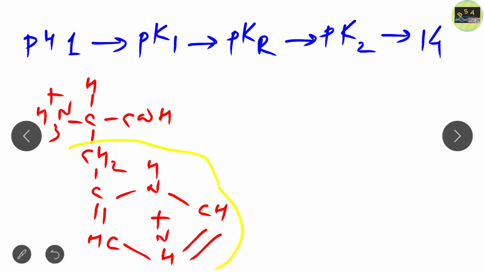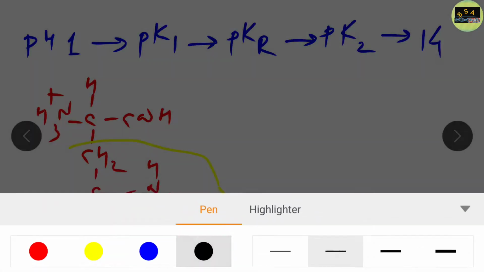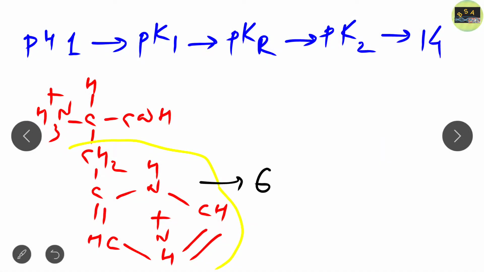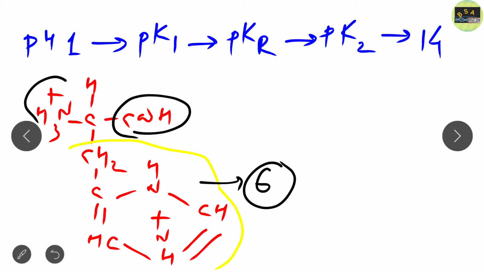This is the side chain of histidine, and its pKr value is 6. Clear? And this is the pK1 value, as you all know, and this is the pK2 value, as you all know. So now let's look.